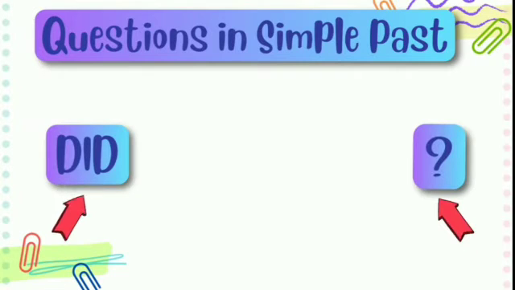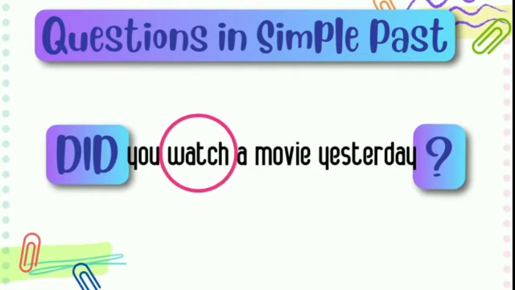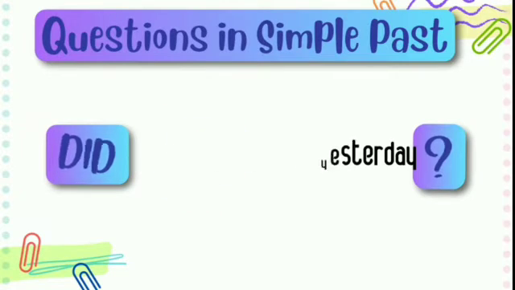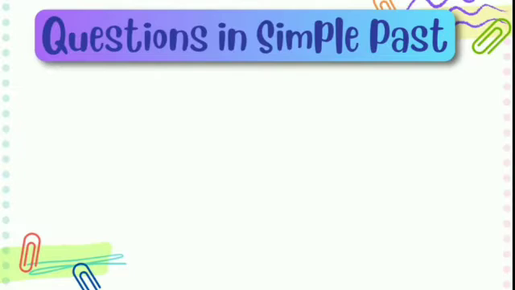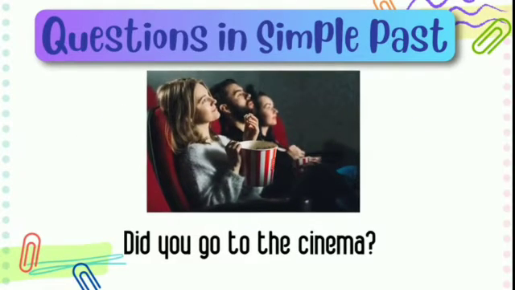Let's see the example. Did you watch a movie yesterday? Pay attention that watch doesn't have the ed at the end because we have did at the beginning. Let's see this picture. Did you go to the cinema? If you pay attention, did is at the beginning, go is in the base form and the question mark is at the end.